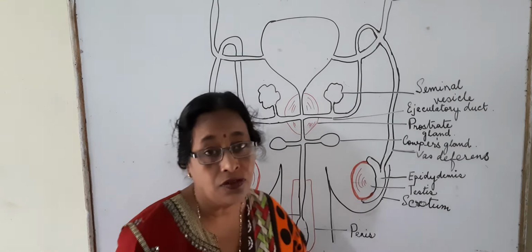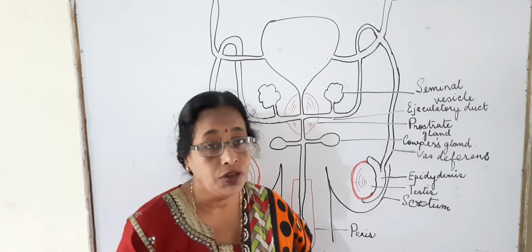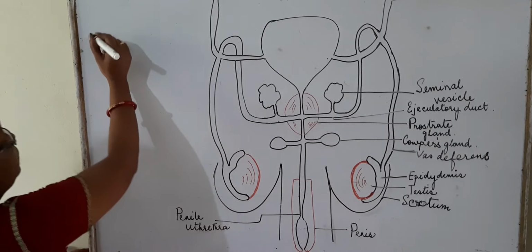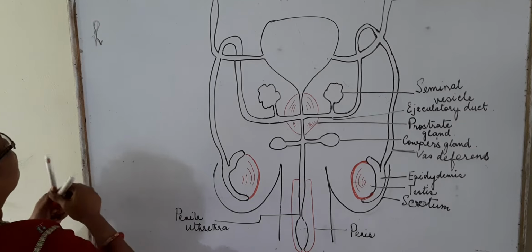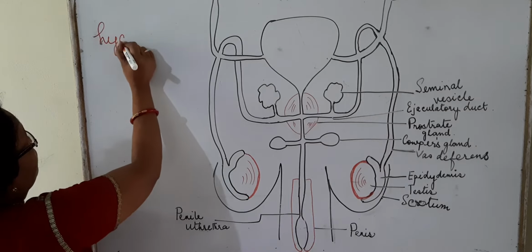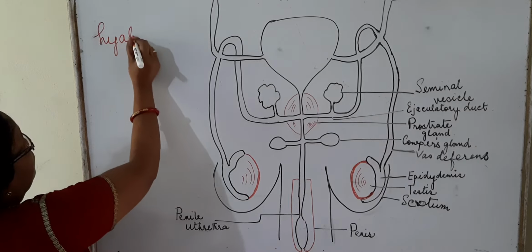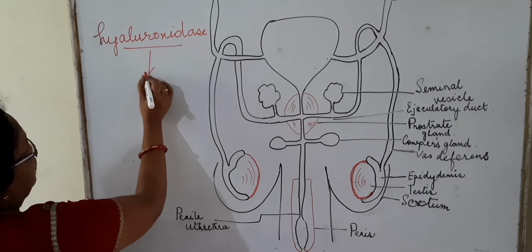It consists of fructose, calcium and also an enzyme which helps in fertilization, known as hyaluronidase. This enzyme helps in fertilization.